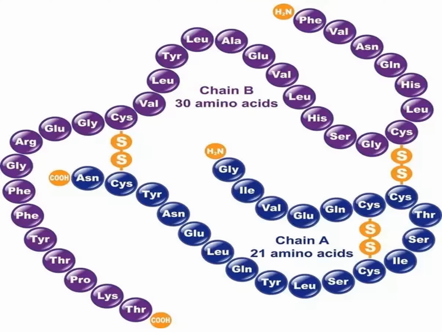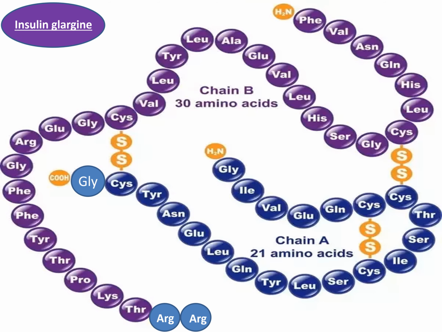Again, here is the human insulin. If we replace amino acid number 21 in the alpha chain with glycine, and we add two arginines to the beta chain, then we are producing insulin glargine.